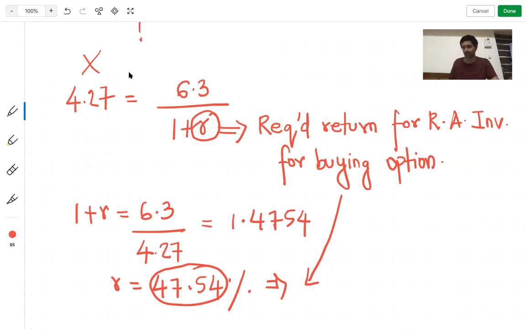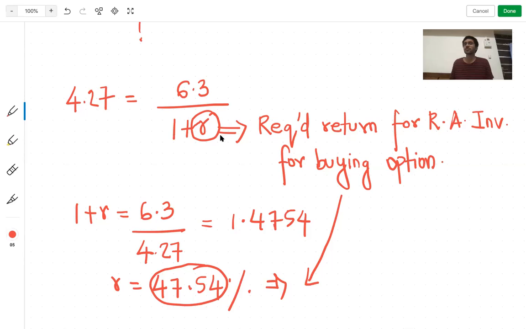We wanted to calculate the value of the option, and we said that the discounted cash flow technique cannot be used because we do not know R. Now, given that we know the value of the option, I am calculating the discount rate which is implied in the option valuation for a risk-averse investor.